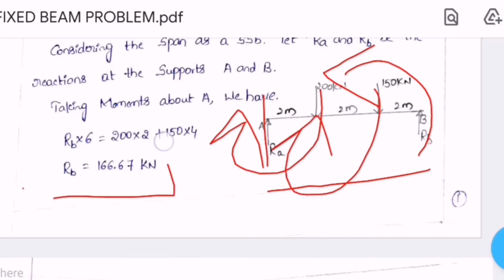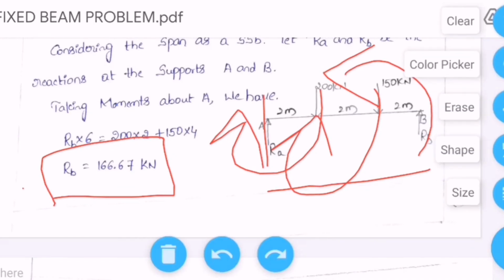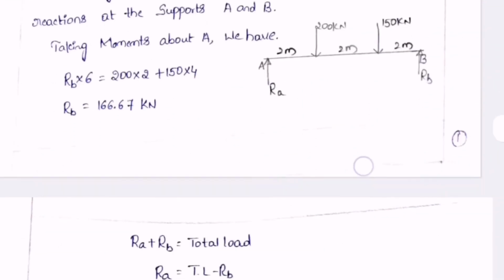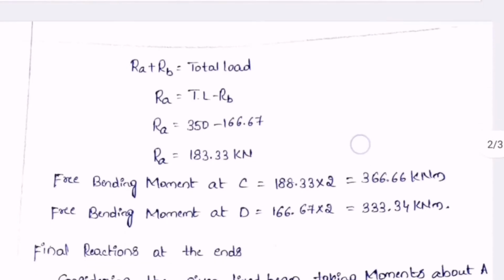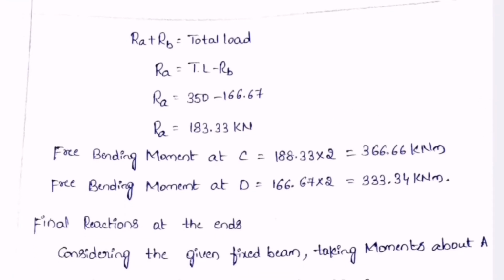We get RB as 166, and similarly RA plus RB is equal to 200 plus 150, so the RA reaction will be 183.33 kilonewton.